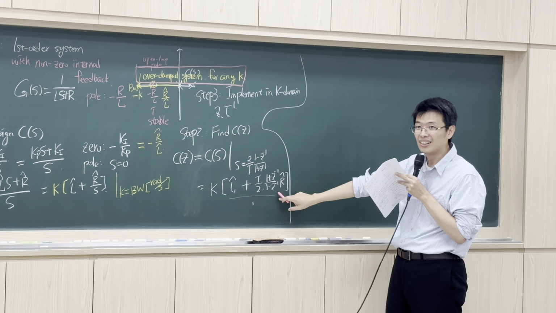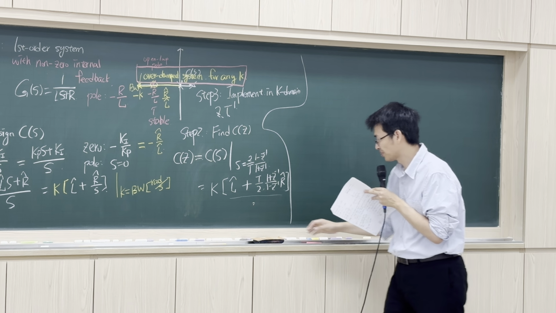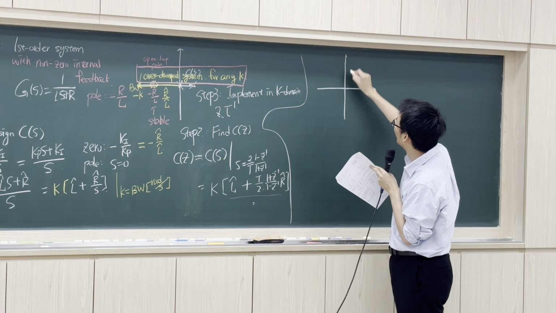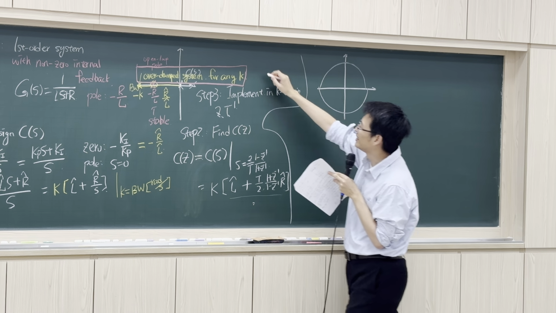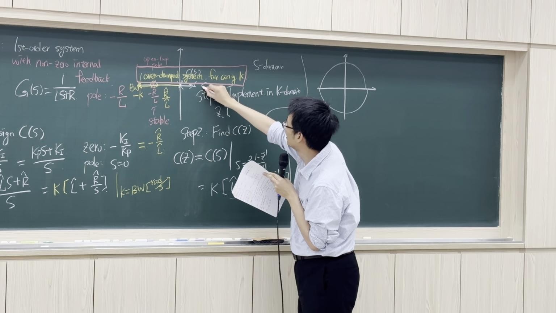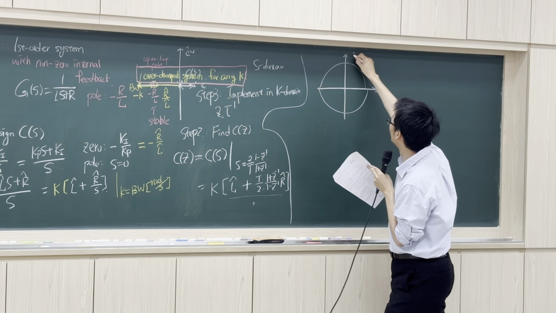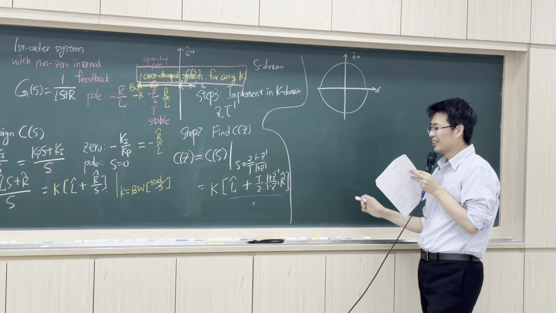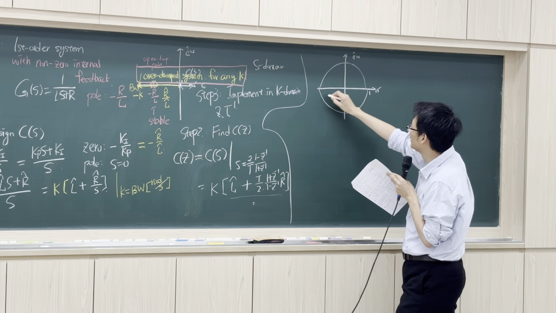How about discrete time? From our Routh-Hurwitz knowledge, this is called the S domain Routh-Hurwitz stable area. In discrete time, all the closed loop poles should be inside this stable area.